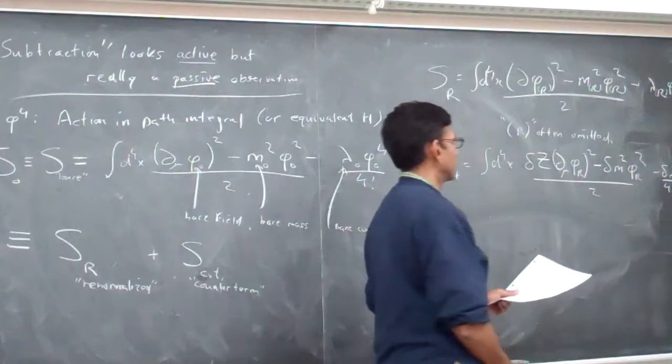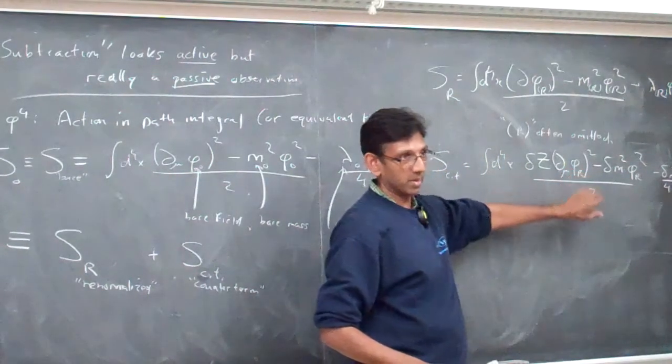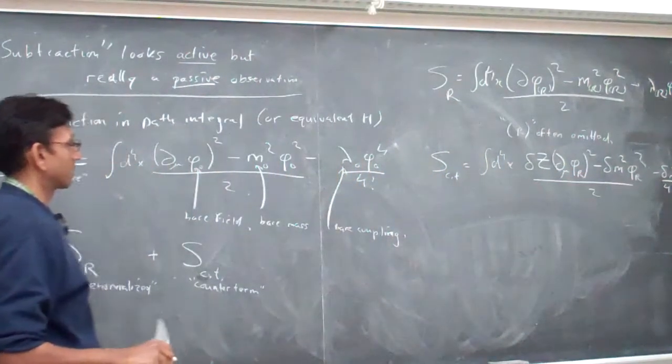So it's being written in terms of this default renormalized field in this way.